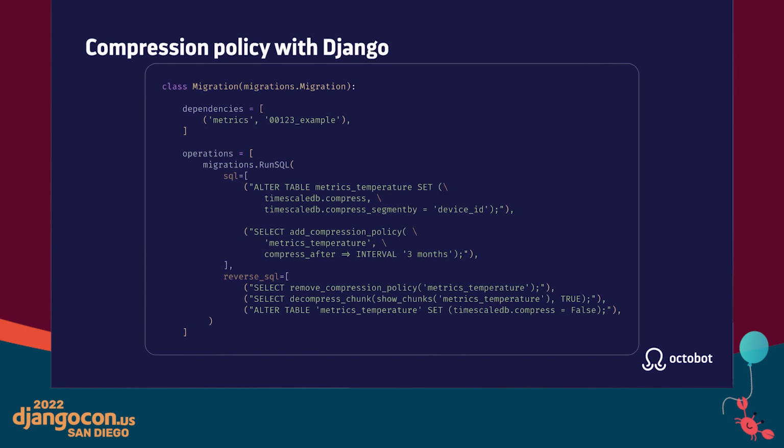We would need a data migration. You say, okay, I want this hypertable to have compression enabled. I want compression to happen after 3 months. And that's mainly it. Then Timescale will run jobs in the background that will start compressing our data based on the compression policies we have.